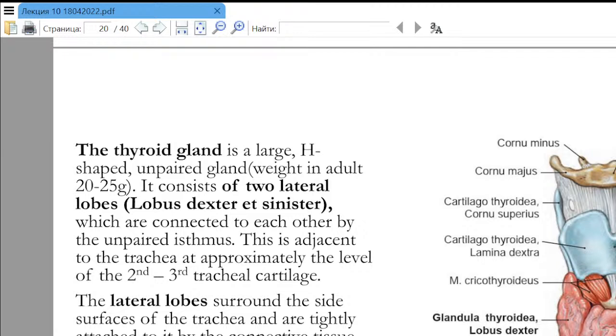The lateral lobes surround the side surface of the trachea and are tightly attached to it by the connective tissue of the organ capsule. Thus the thyroid can follow the movement of the larynx and trachea during swallowing.